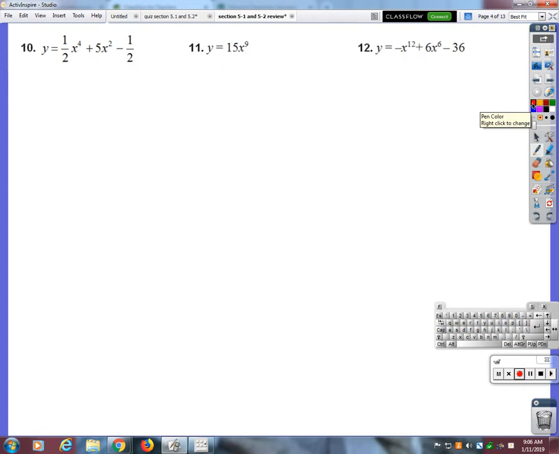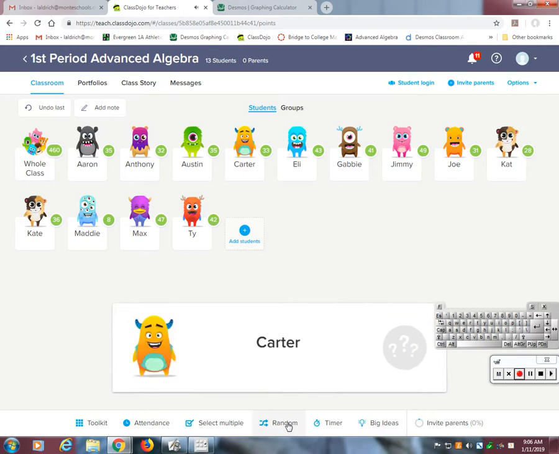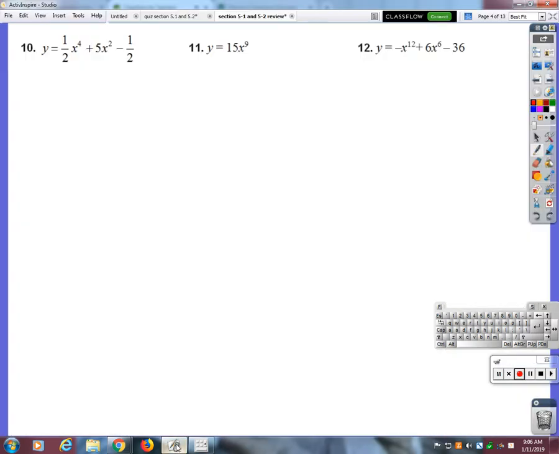Okay. All right, number 10. Jimmy, what do we got? Yep, it is going to be up, up. This right here, the 1/2 is positive. The exponent is even, and so that makes it an up, up.